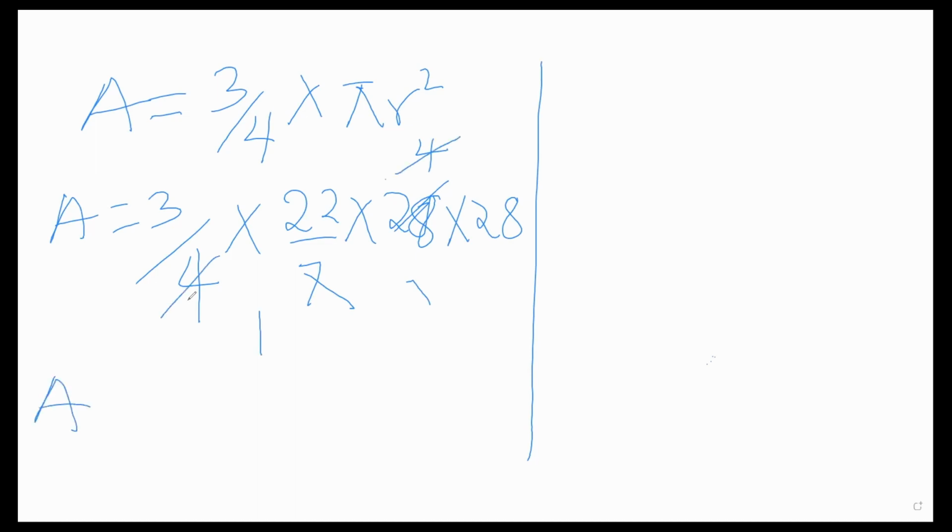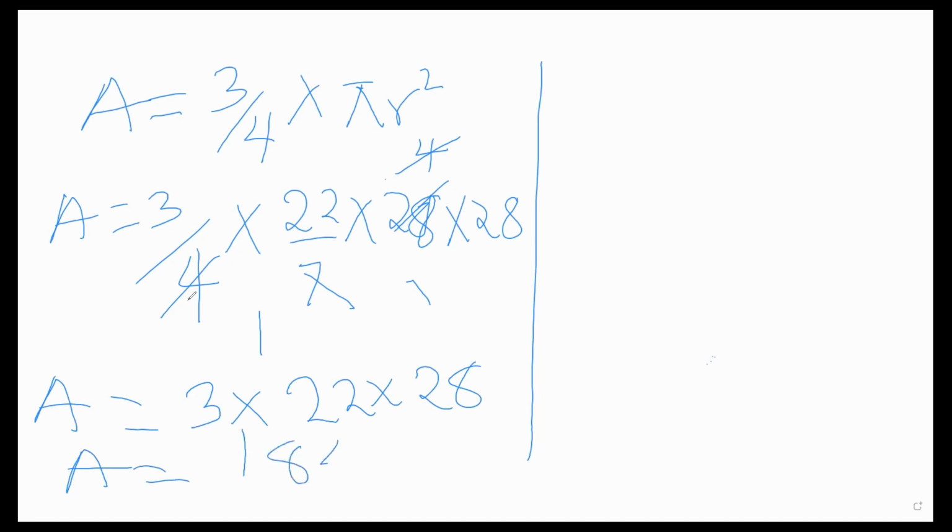At the end of the day, our area is going to be equal to 3 multiplied by 22 multiplied by 28. So area is equal to 1848 centimeter square. Which means the area of the diagram is given as 1848 centimeter square. And that is the end of question 1.